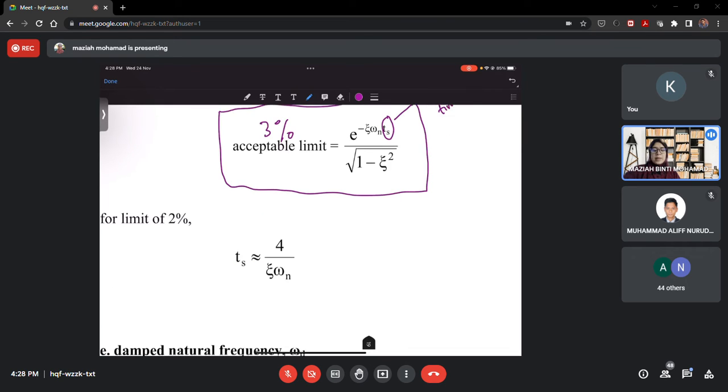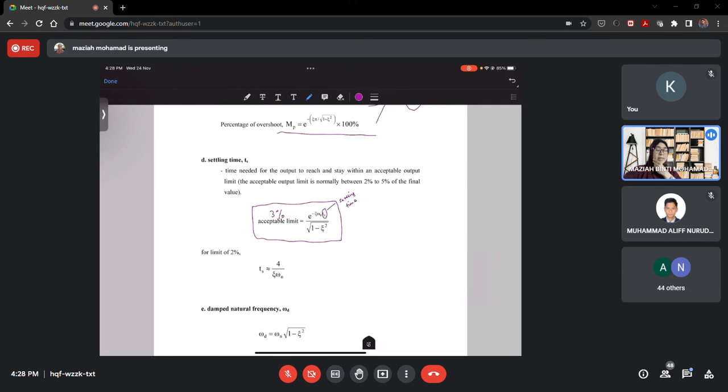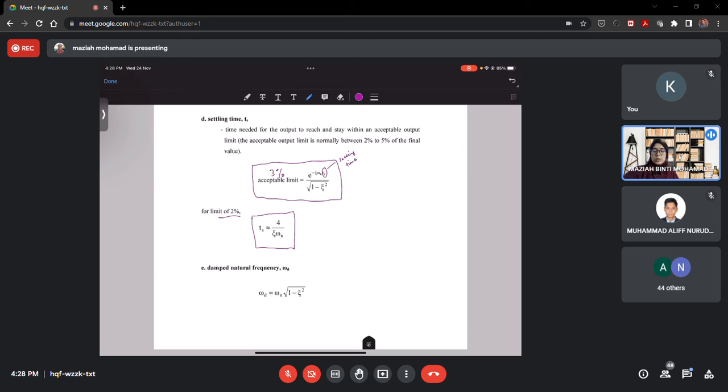But the most common percentage that we use is 2%. So if the limit is 2%, then we can just use this equation: TS is approximately equal to 4 over zeta omega n. The last one is just the equation for omega d.